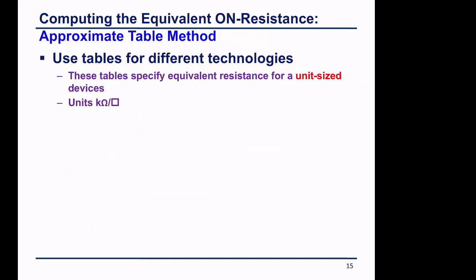And in the approximate table method, for purposes of the short quiz, we said we will give you that if I have some Rn when W equals 1 micrometer, then if I give you another W, let us say 10 micrometer, and let us say R is 1 kilo ohm, what you will say is that the resistance will be equal to 1 kilo ohm over 10, because as W increases, R is going to drop.